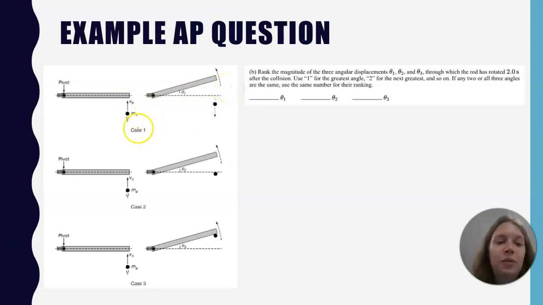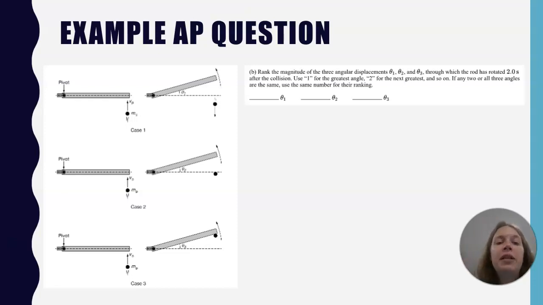In case 2, the mass just stops, and then in case 3, the mass sticks to the rod. And it asks us to rank the magnitude of the angular displacements through which the rod rotated in 2 seconds, using 1 for the greatest, 2, 3, and so on.